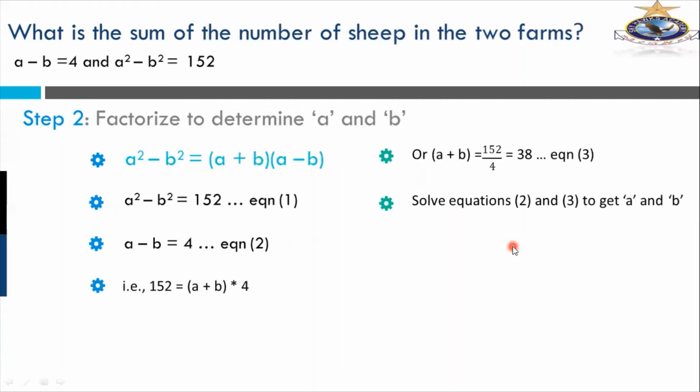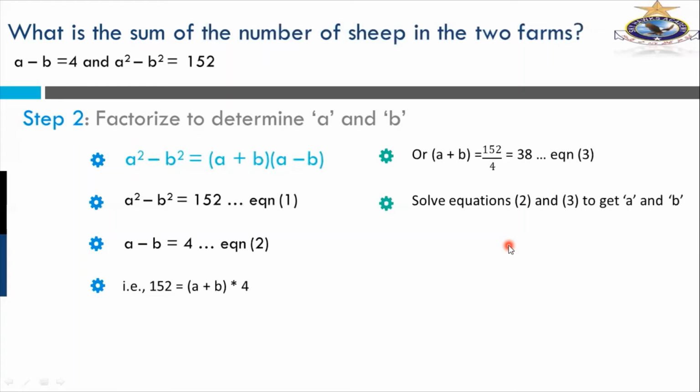We can use the elimination method to find the value of A, and we can also find the value of B. For two unknowns, a necessary condition is that there must be two equations. The number of unknowns must be equal to the number of equations.